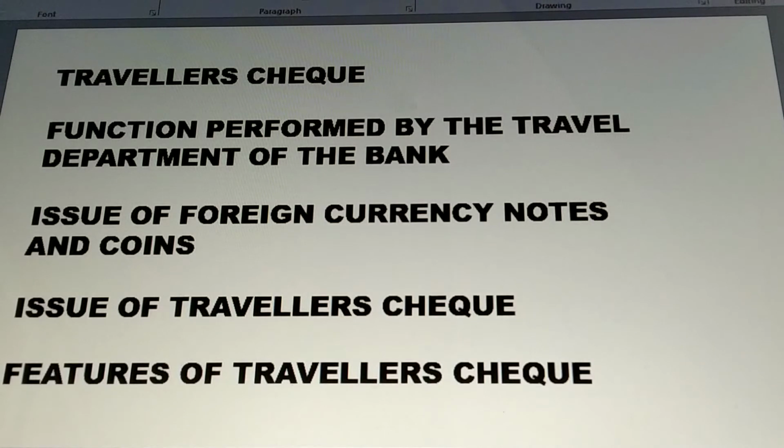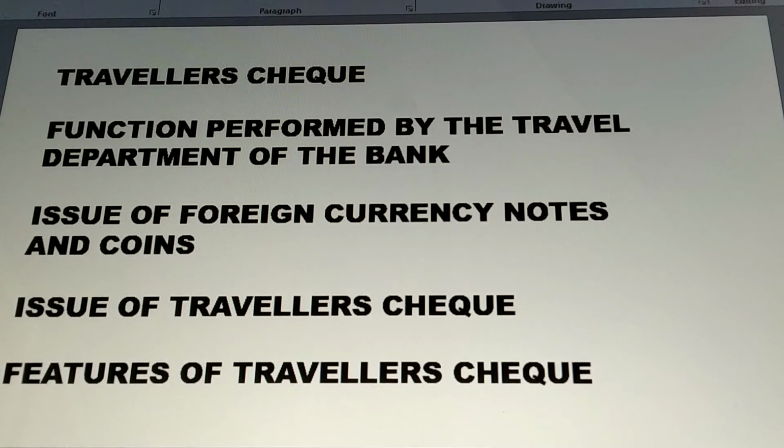So in the case of foreign nationals who wish to visit India, and Indians who want to visit abroad, you have to make the reverse case here. A person who wishes to travel abroad has to obtain foreign currency, so obviously he has to deposit Indian rupees with that bank.